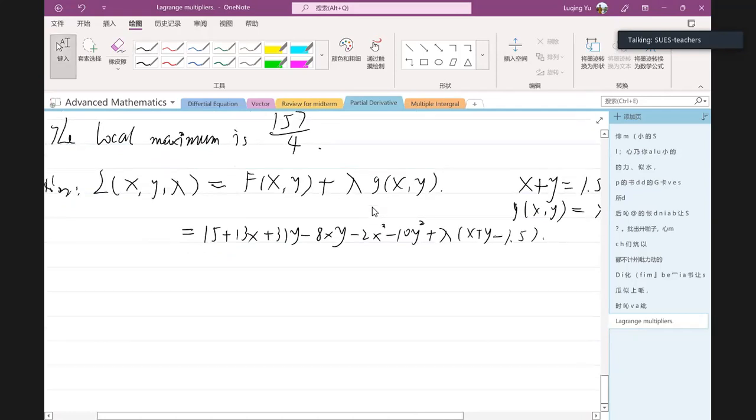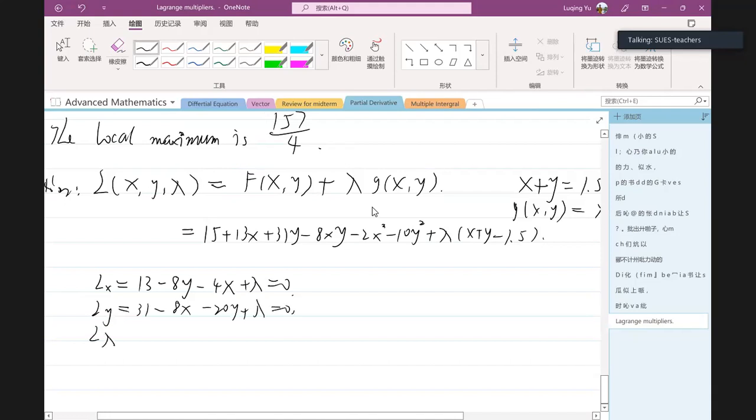Then we take the partial derivative on x: Lx = 13 - 8y - 4x + lambda = 0. Ly = 31 - 8x - 20y + lambda = 0. The third, for the Lagrange multiplier, is the partial on lambda: x + y - 1.5 = 0.